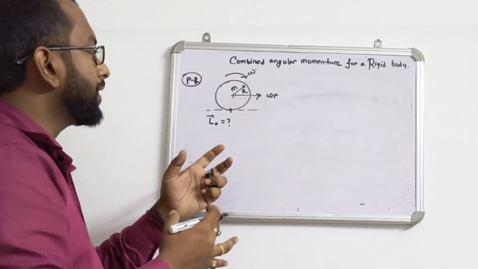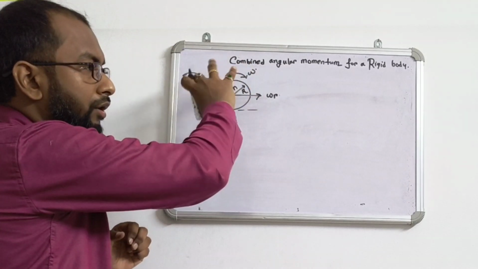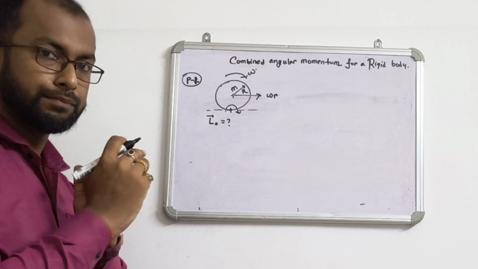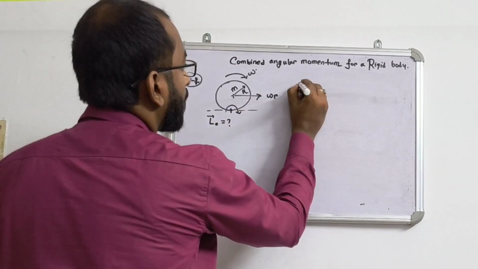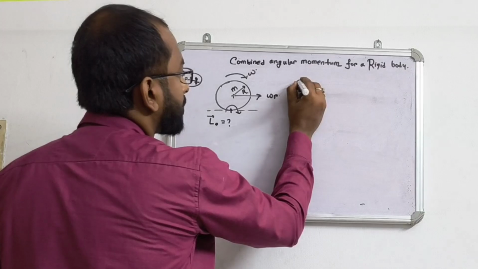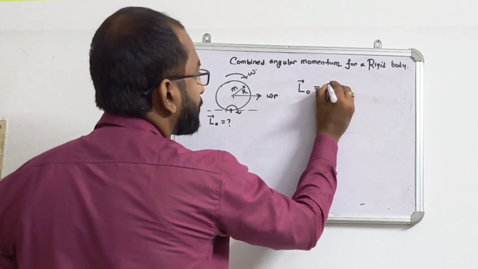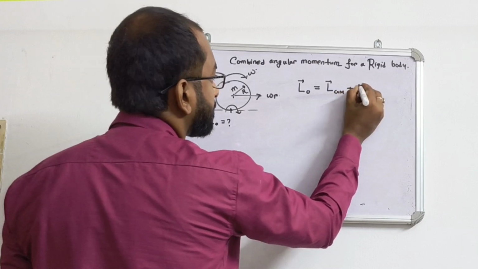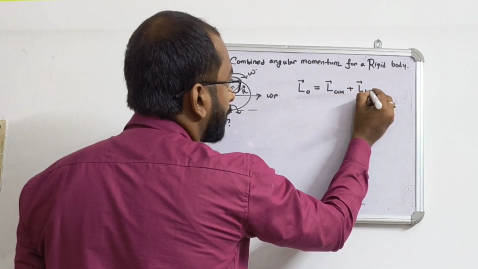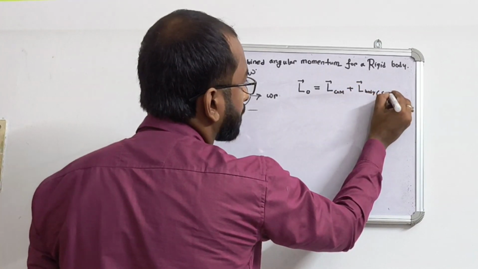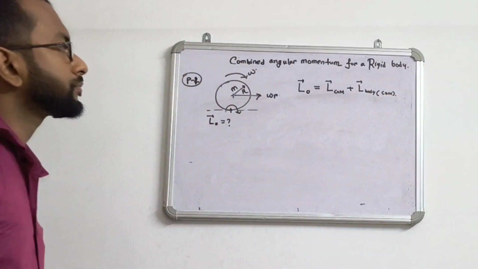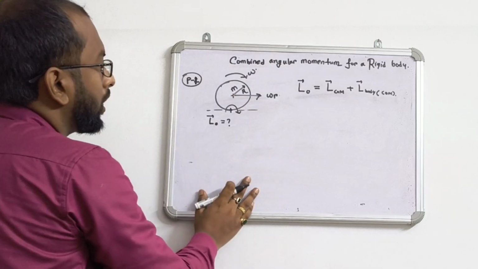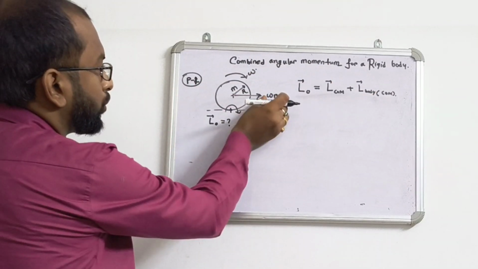Instantaneously this rotating body will rotate with respect to this point for this instant only. So the net angular momentum with respect to this point is the sum of the angular momentum of the center of mass plus the angular momentum of the body with respect to the center of mass. This is rotating with angular velocity omega and moving forward with translational velocity omega r.